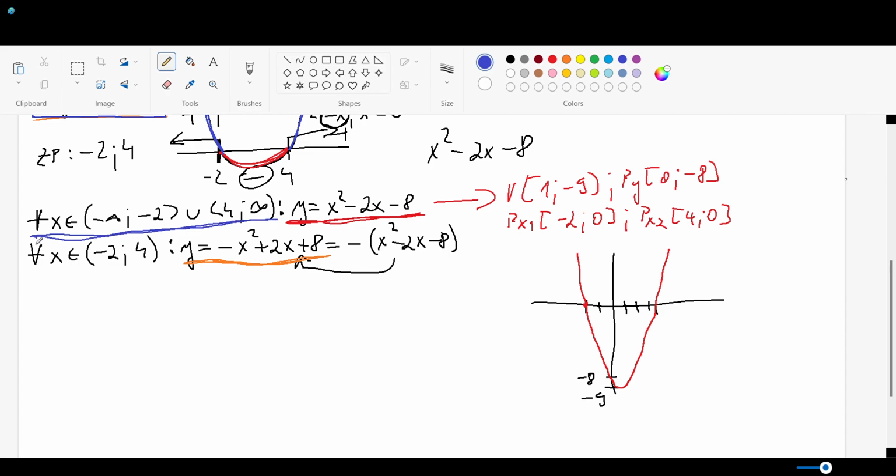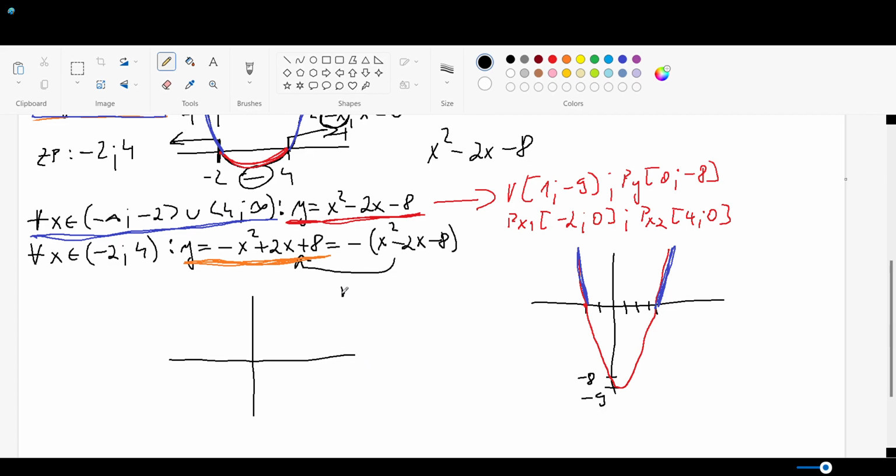But as this is now defined only on this interval, we will take only this part of the parabola, the blue part of the parabola. Now let me explain how the function behaves for x from the interval -2 to 4.